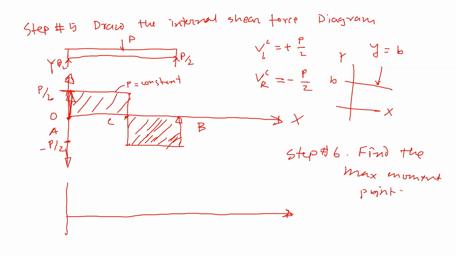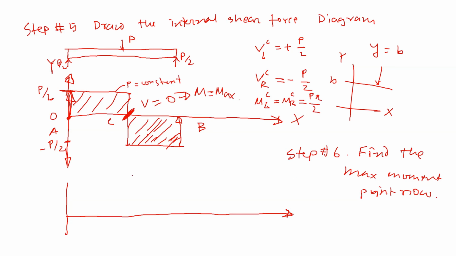After drawing the shear force diagram, we told before that here the shear force is 0, V equals 0. So the moment would be max here. We actually calculated that before. So the moment at C, to the left or the right side of point C, was equal to the calculated Px by 2.